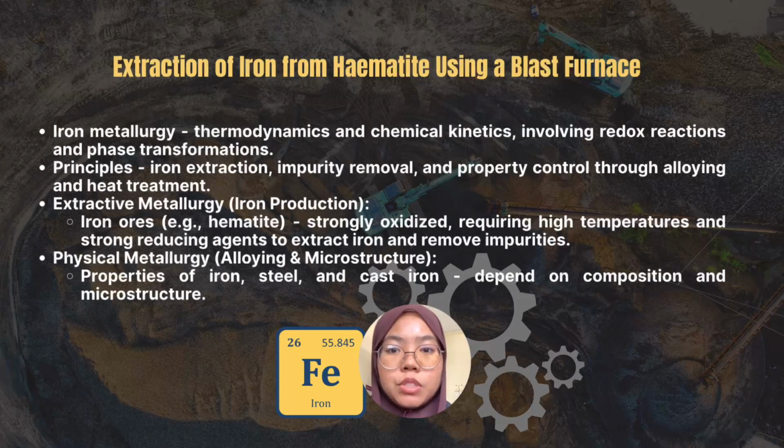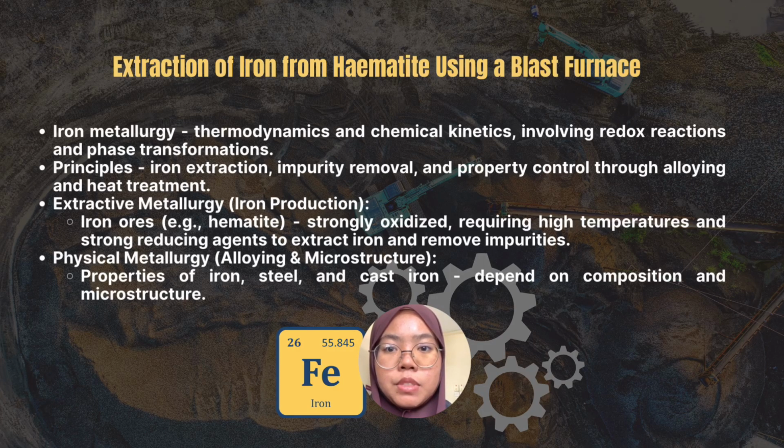First, the iron production, in theory: iron is easily oxidized and also tightly bonded to its ore as hematite, and requires a strong reducing agent and also high temperature to separate it from its oxygen.